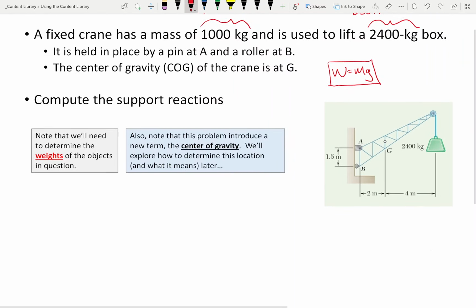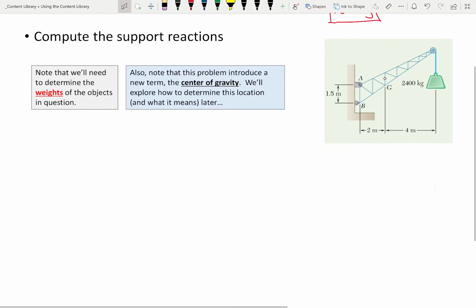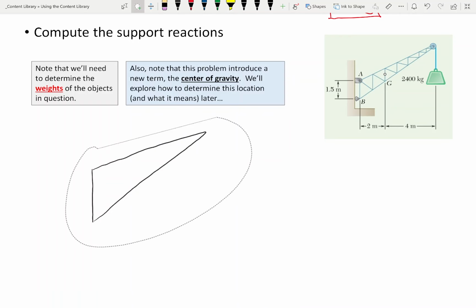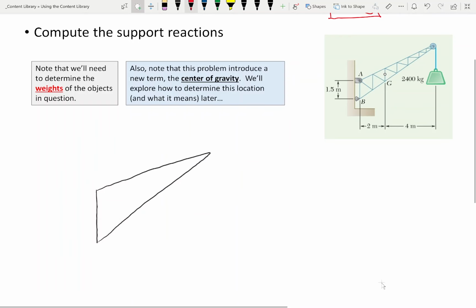So I don't think we're going to finish this problem today because I want to give this problem its due time. Maybe we'll just come right in on Monday and do it. But here's what we're going to do for our free body diagram. Okay. So I'm going to do my best to sort of draw out this crane. Let's lower this a little bit. Okay. And we're going to say that there is a load here of 23.544 kilonewtons.